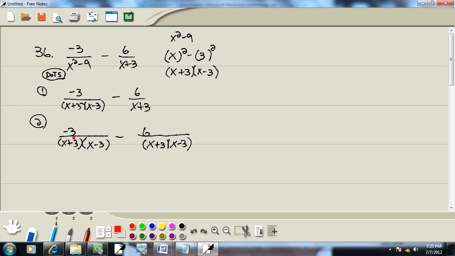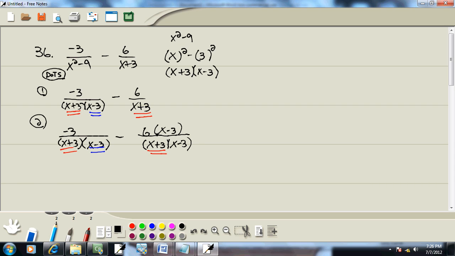Now you have to look at what was added down below. Here we had an x plus 3, the x plus 3 is still there. Here we had an x minus 3, the x minus 3 is still there. We didn't change that one at all. Our second fraction, we had an x plus 3, the x plus 3 is still down there. The new thing that we put down below was an x minus 3, so we had to put an x minus 3 up here.